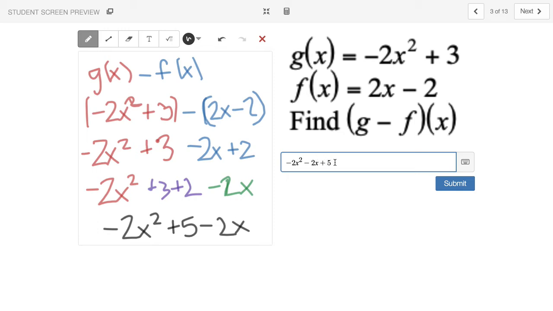And then plus 5, this is like an x to the 0 power because the x doesn't exist on this term, and x to the 0 is 1. 1 times 5 is still 5. So this one has x exponent 0, x exponent 1, x exponent 2. So we are going in order, starting with the greatest one first, 2, then 1, then 0.